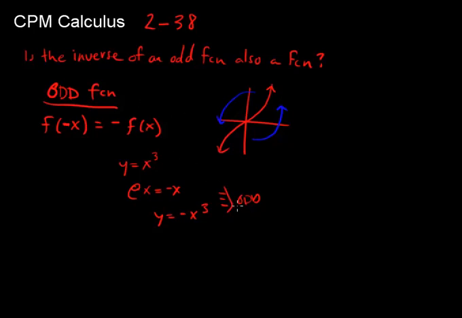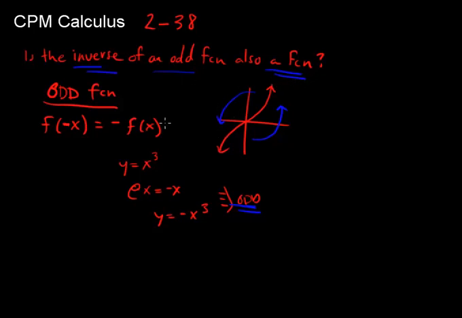So these are properties of odd functions: f of negative x equals negative f of x, and rotating 180 degrees left or right gives the original function back. Okay, so is the inverse of an odd function also a function?